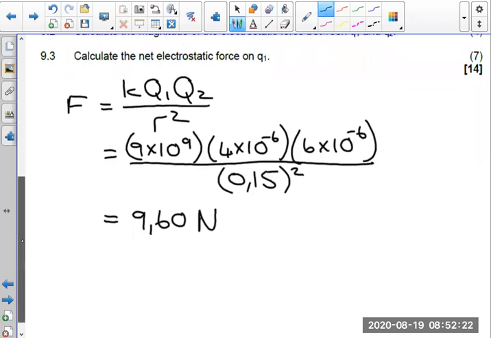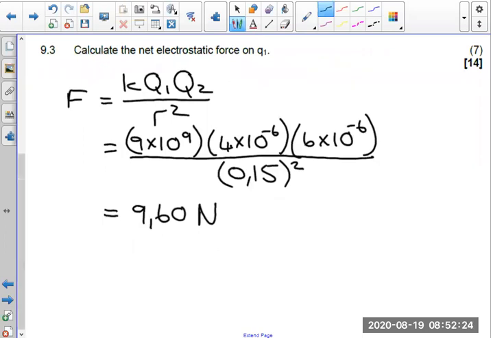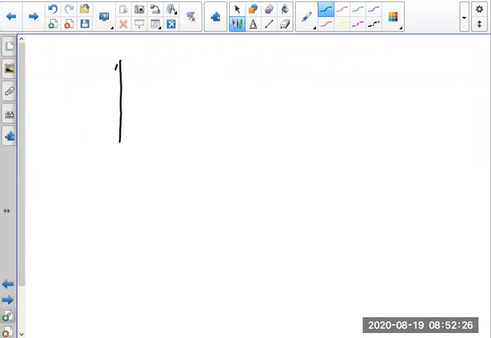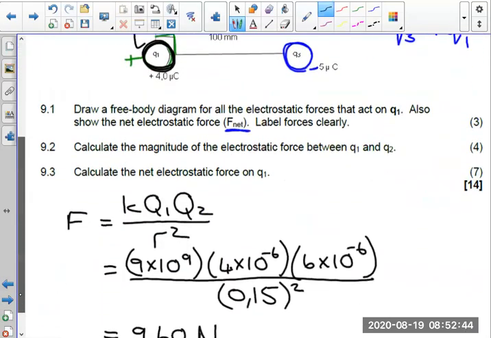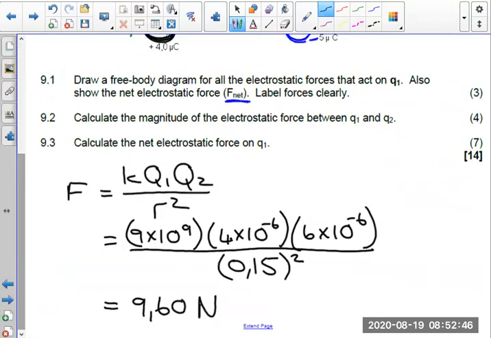Now, you will remember that the picture that we drew looked like this. This was the force that Q1 has on Q2, and this was the force that Q3 has on Q1. And we just worked out the force that Q1 has on Q2, which is 9.60.